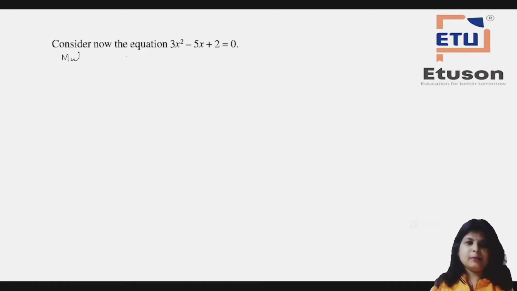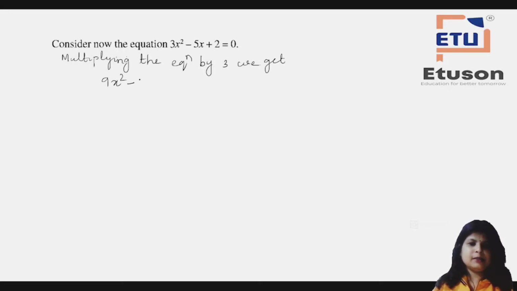So multiplying the equation by 3, what do we get? We get 9x square minus 15x plus 6 is equal to 0. Correct or not? Now, in place of 9x square, I can write 3x whole square minus 2 into 3x, that is 6x.